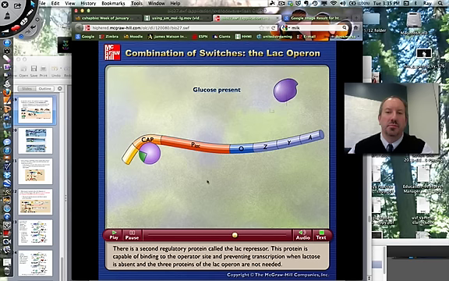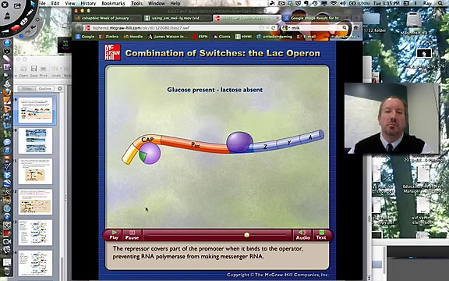This protein is capable of binding to the operator site and preventing transcription when lactose is absent and the three proteins of the Lac operon are not needed. So, in other words, that was in the growth media in the very beginning. The repressor covers part of the promoter when it binds to the operator, preventing RNA polymerase from making messenger RNA.